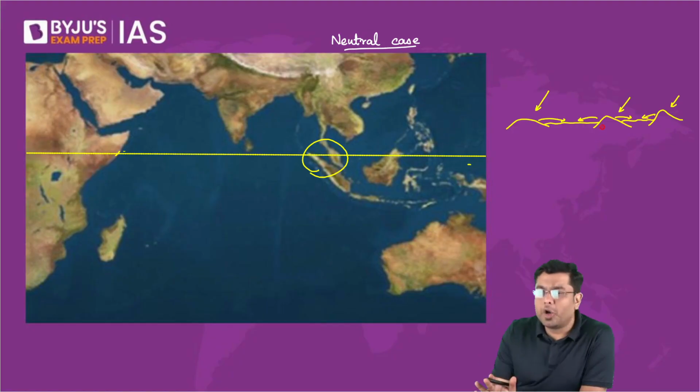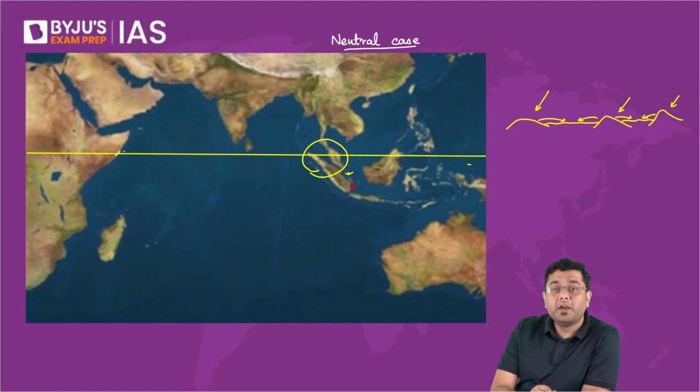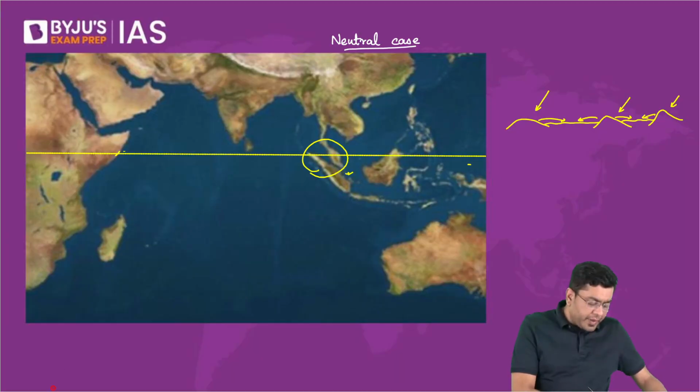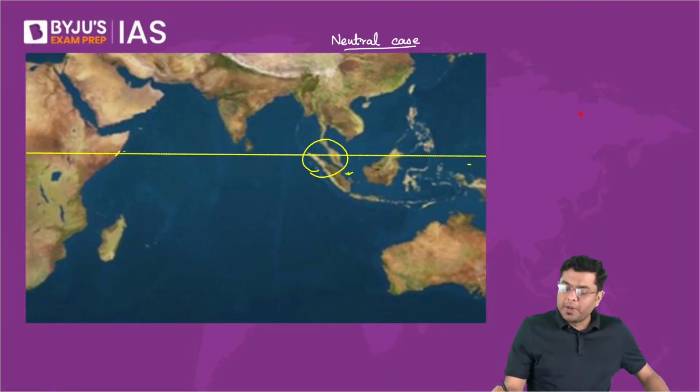So under normal circumstances, will the temperature of the water here be higher than normal open water, lower than normal open water, or the same as what you observe in the Central Indian Ocean? What do you think? Under normal circumstances, it will always be higher, right? Because it is getting heated due to the influence of the land areas. So that is where you have the normal conditions. So this gets heated.